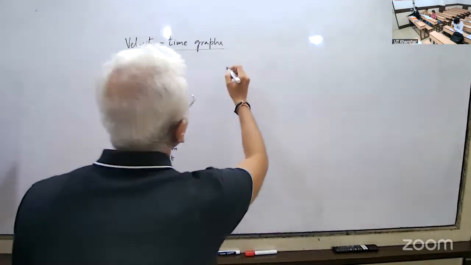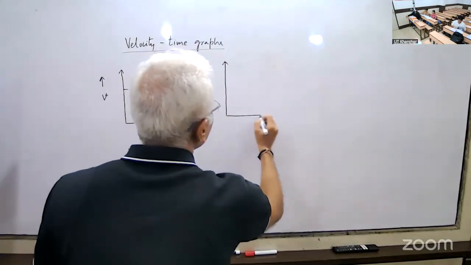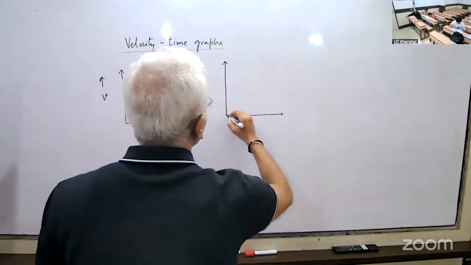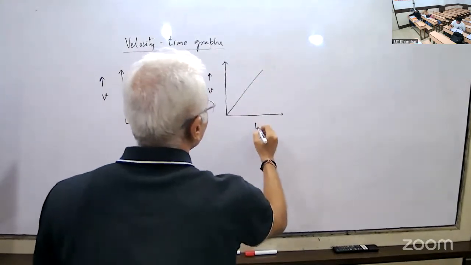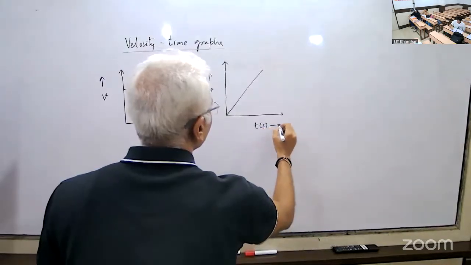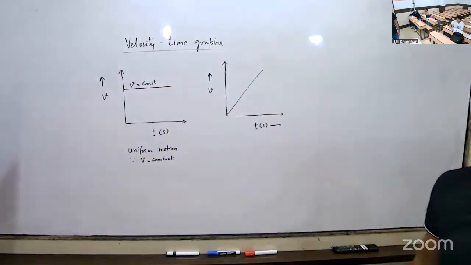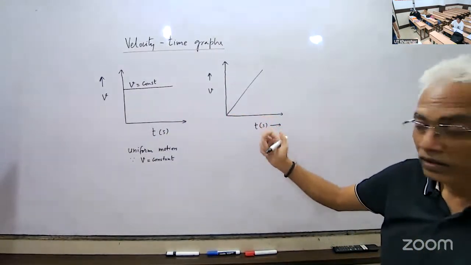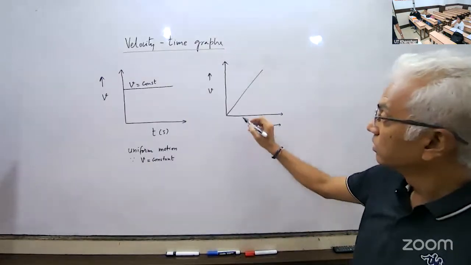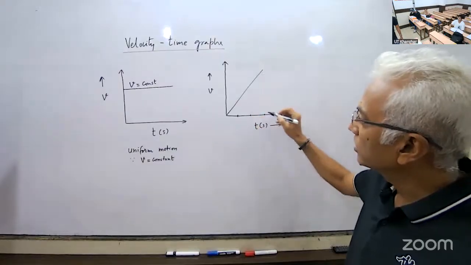Now in a VT graph, if you have a graph like this, what does this tell you? Velocity is constant? Then what is here? This also, velocity is constant? Time is increasing.